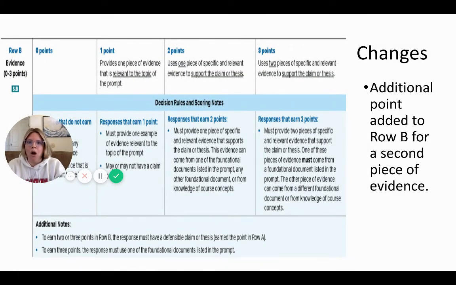The second row is going to be your evidence. And so you get one piece of evidence that's relevant to the topic. You'll get a point for that. And then if it supports your thesis, you're going to get a second point. And then the second piece, if you explain it and connect it to your thesis, you're also going to get 2 points for that. Now, normally you only get 3 points in this row.